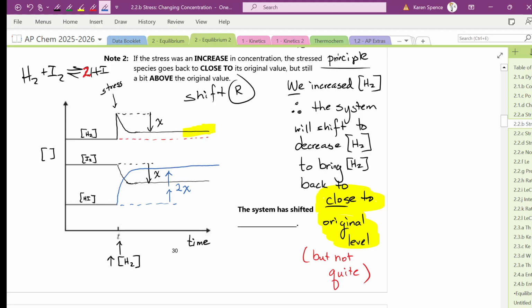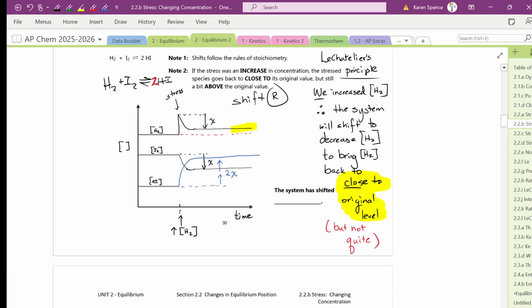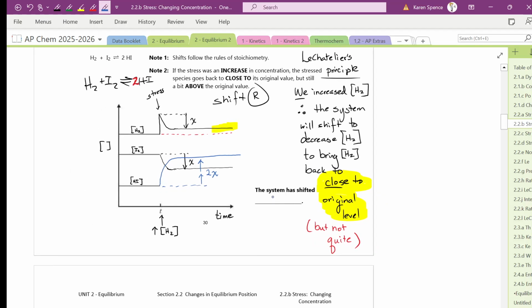And the system has shifted right, but we already said that, so I don't know why I need to mention that.